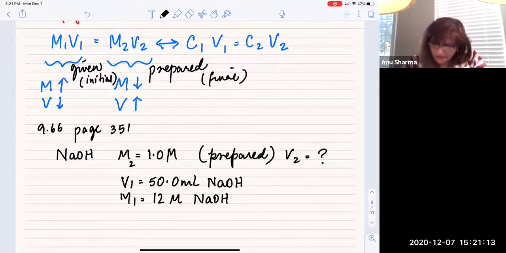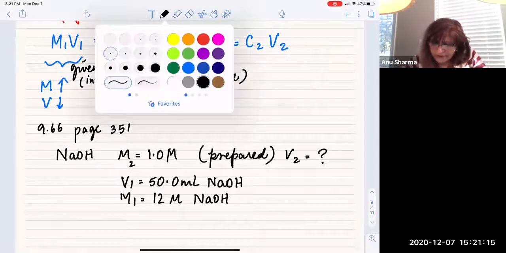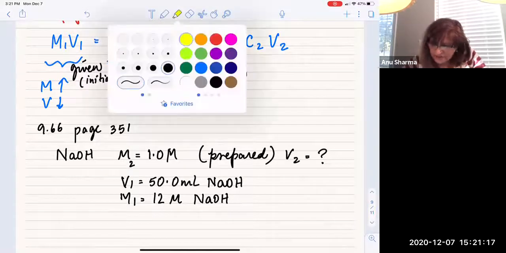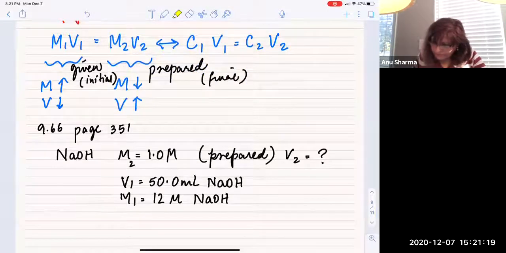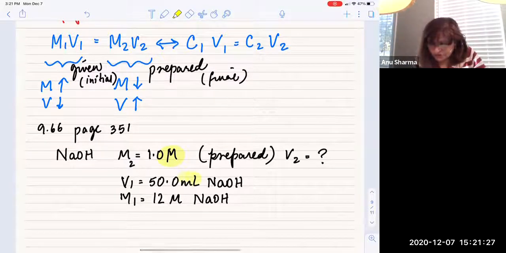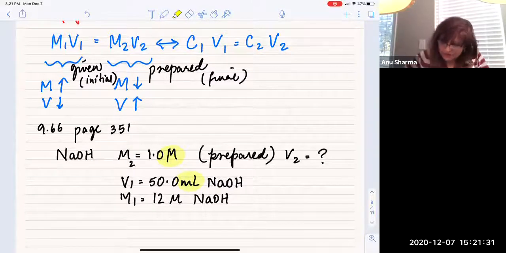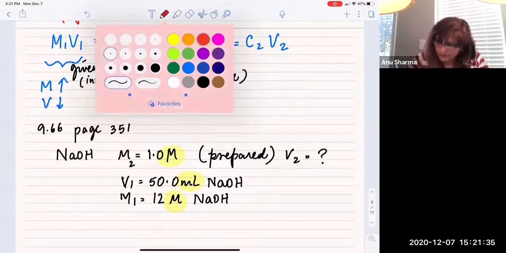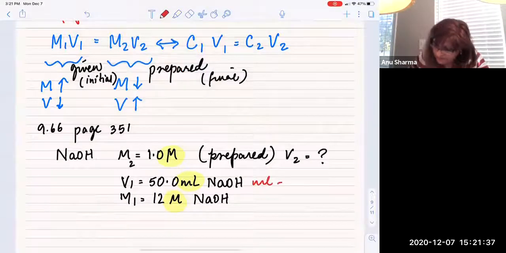So an important thing to understand here is that molarity is moles over volume in liters. So you have to convert milliliters to liters.